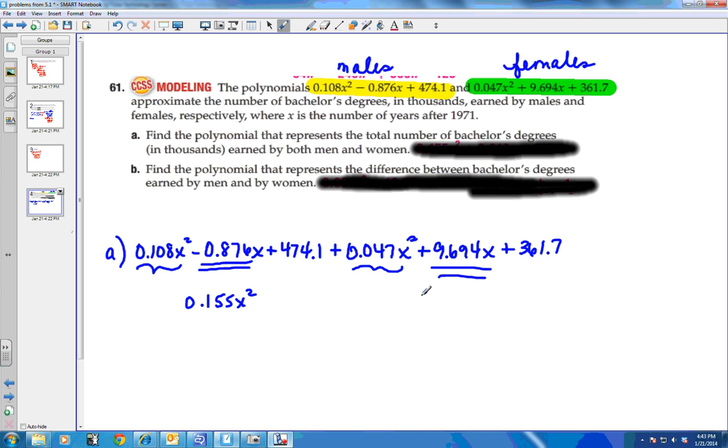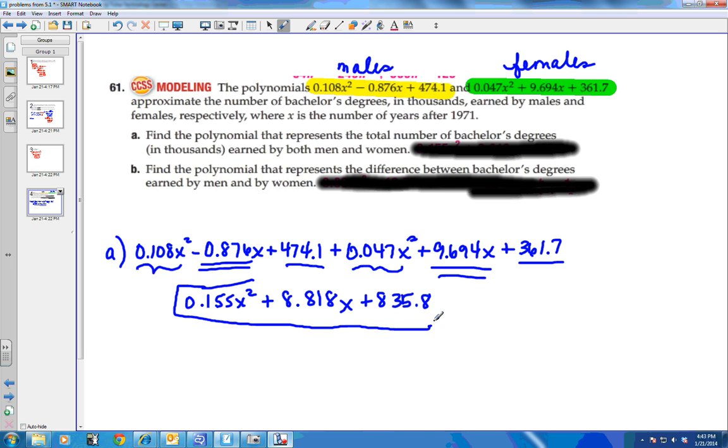When I add those together, I'm going to get plus 8.818x. And then when I add 474.1 and 361.7 together, I'm going to get 835.8. And that is my answer for part A. Okay, which is also what they put here.